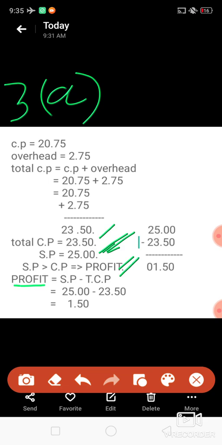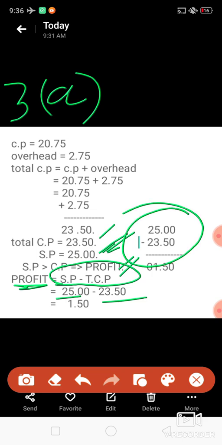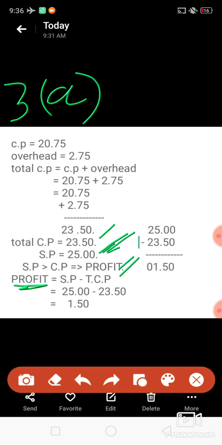Okay, now how much profit we are getting, how do we find? Selling price minus cost price, or total cost price. So we are subtracting selling price 25.00 minus 23.50. If we subtract here, look at here, we have subtracted here. So how much will we get? This 0 will become 0 only.